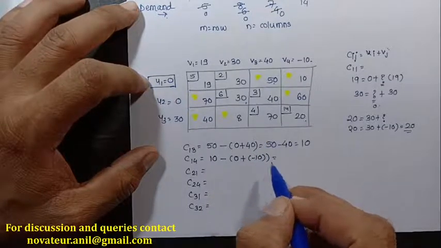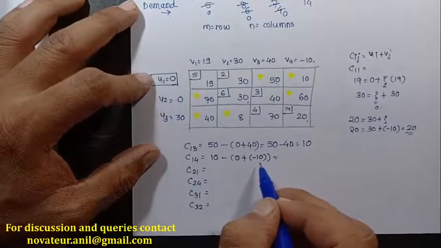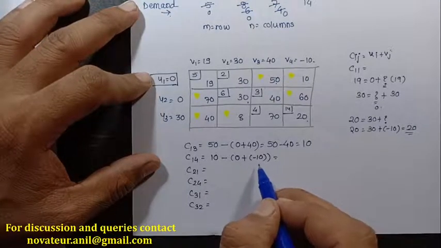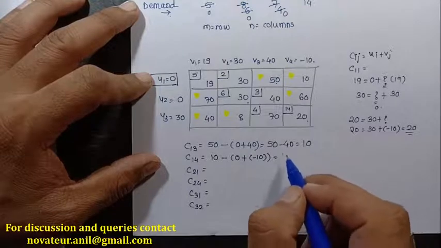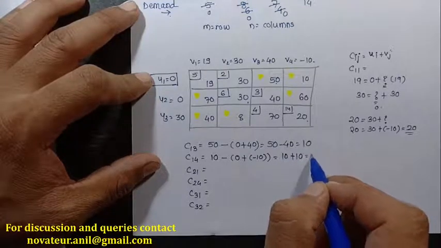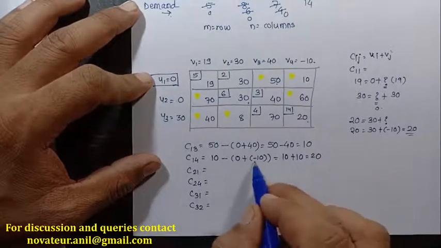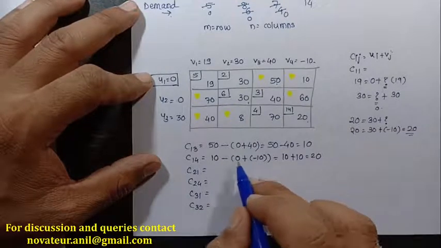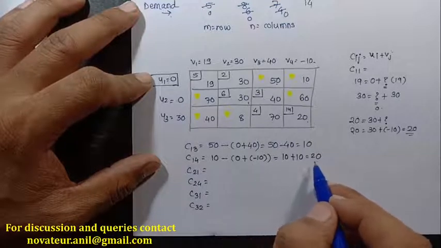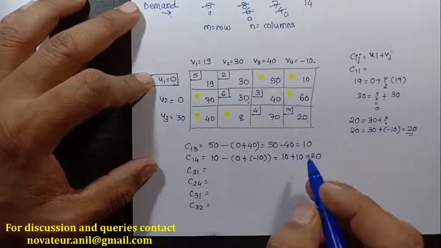See what I'm doing: whenever I see a negative sign, I put brackets so that there will be no confusion. So it becomes 10 plus 10, which is equal to 20. I don't need to tell you that minus 10 into minus sign becomes a positive sign. You have done this at your 10th level.